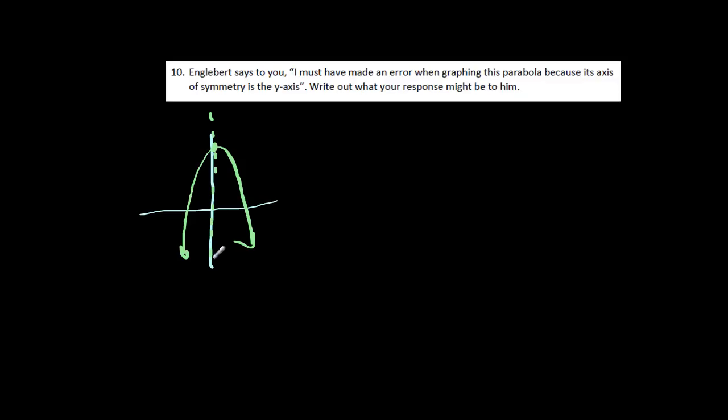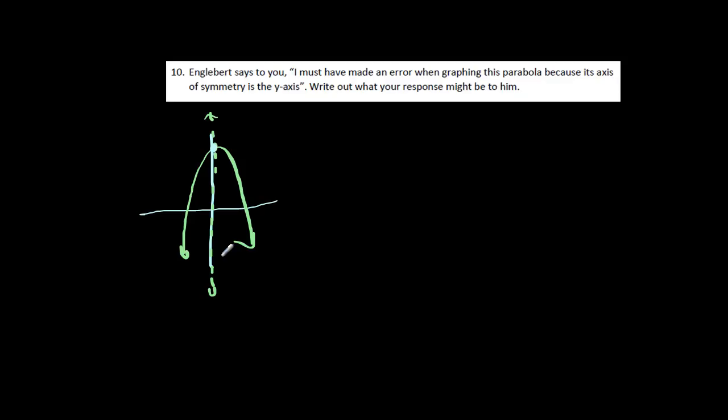This isn't the best picture in the world, but that's alright. So he's saying this parabola's axis of symmetry is this axis, the y-axis. He says that because of that fact, he must have made an error.